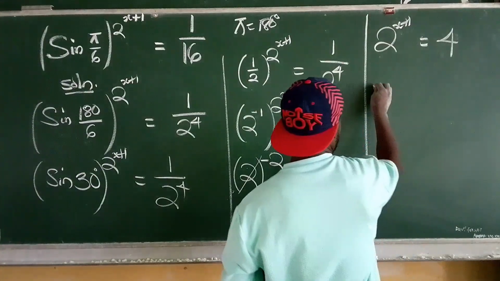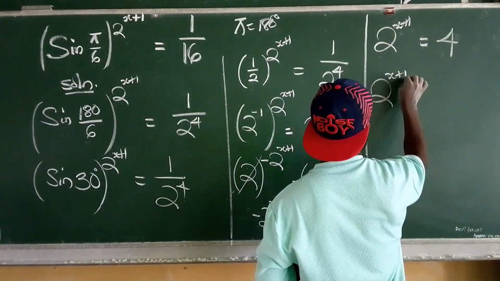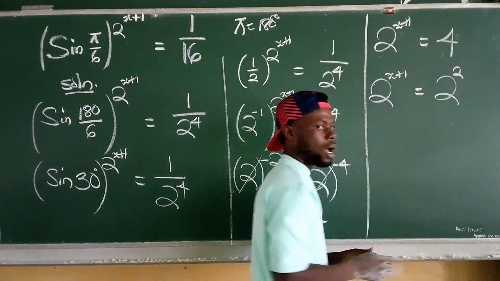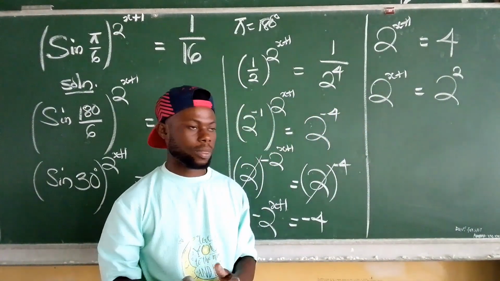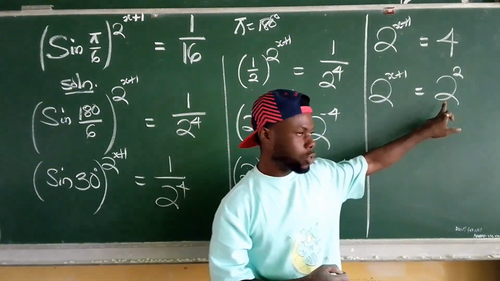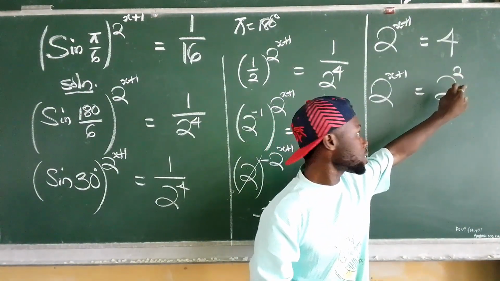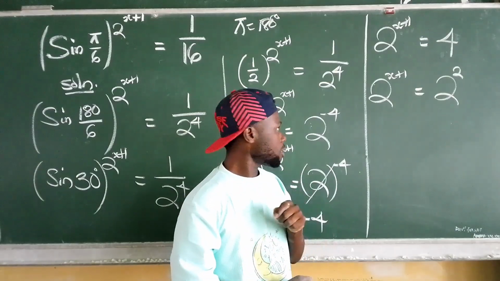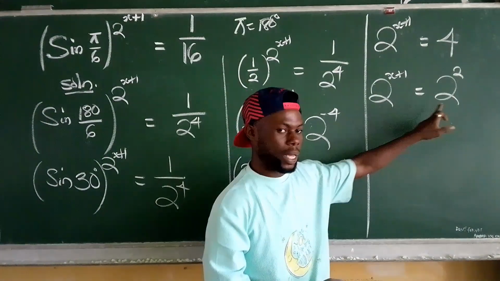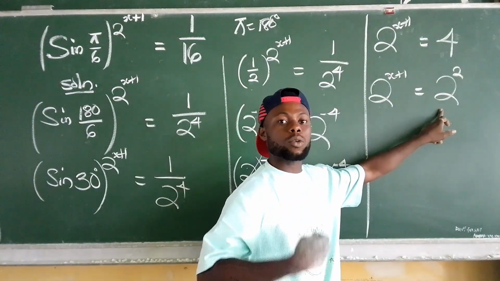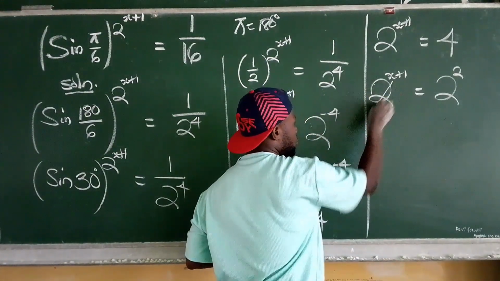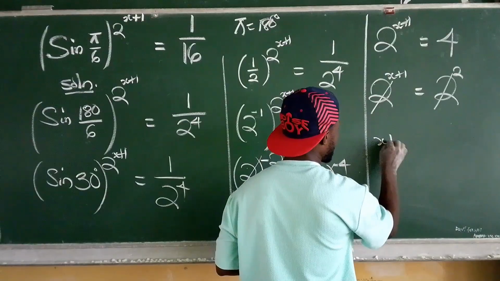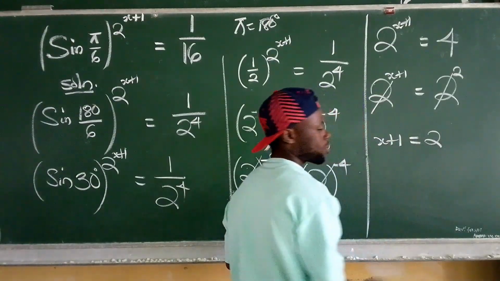To do that, 4 is equivalent to 2 raised to the power of 2. That is to say, 2 to the power of 2 represents this 4. For that reason, we are obtaining equal bases. Because we have equal bases, 2 cancels 2. We are going to be left with x plus 1 is equal to 2.